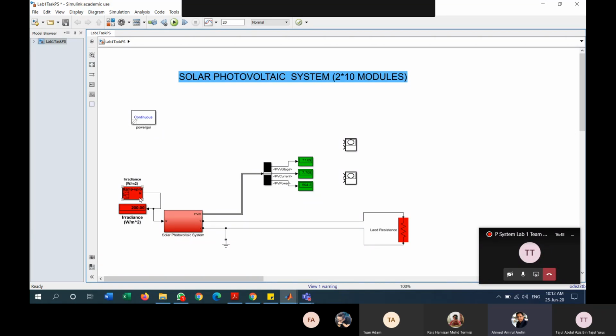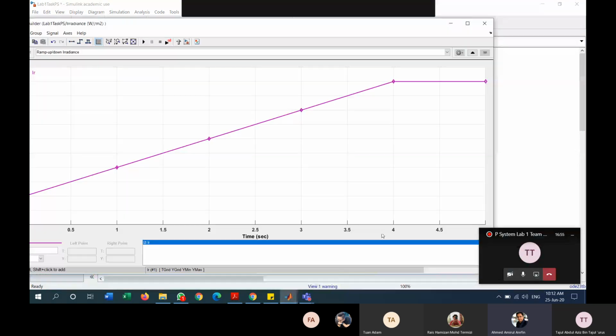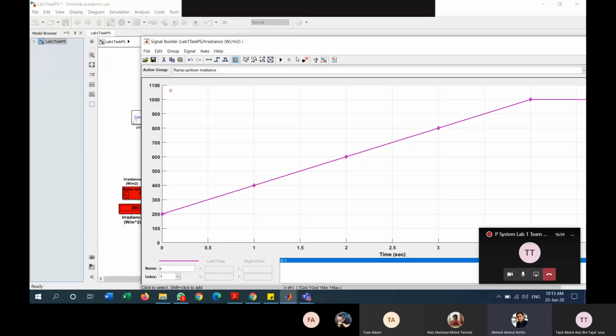Okay, so now we'll try to do the tasks here. Once you open the file, you will also see a signal builder file will also open.